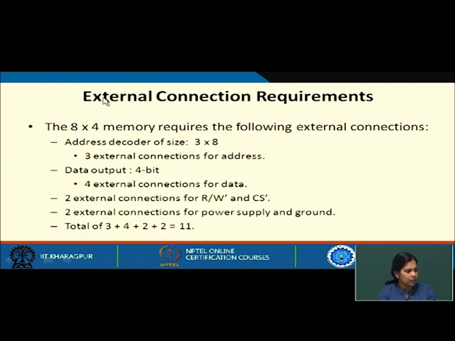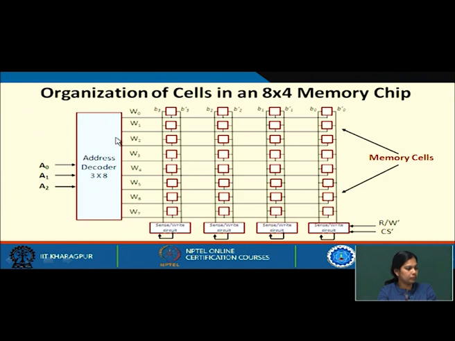Now, in this diagram, how many external connections are required? What do you mean by external connections? Externally, that is, provided not within this memory chip. You can clearly make out that these address lines A0, A1 and A2 are externally provided to this decoder, and then it is decoded and a particular word is selected.